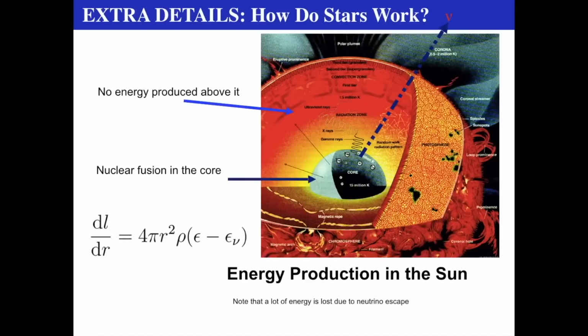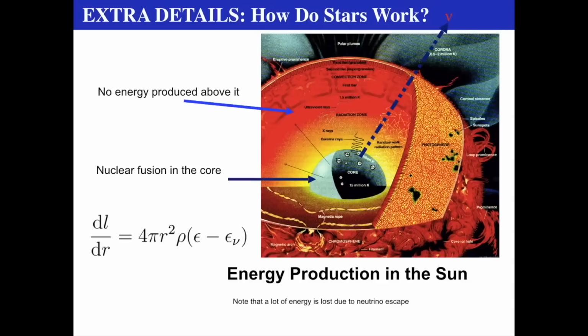However, energy is being produced in the core and not above it. So I'm letting the cat out of the bag by saying it's nuclear fusion down in the core. And so this equation says what is the luminosity, or dL, how much luminosity is produced at which radius, dr. A little slice of radius from the center going out, how much luminosity is being contributed to the total amount, dL, at each little onion skin level of radial distance from the surface.